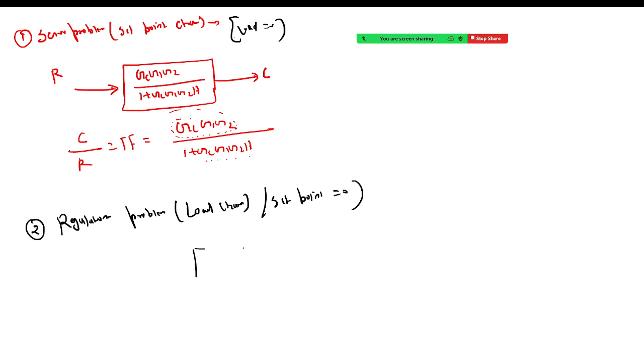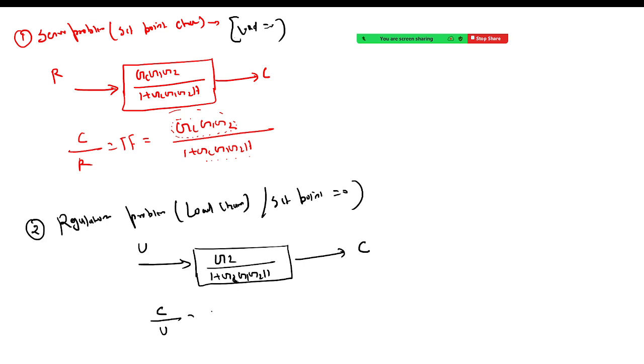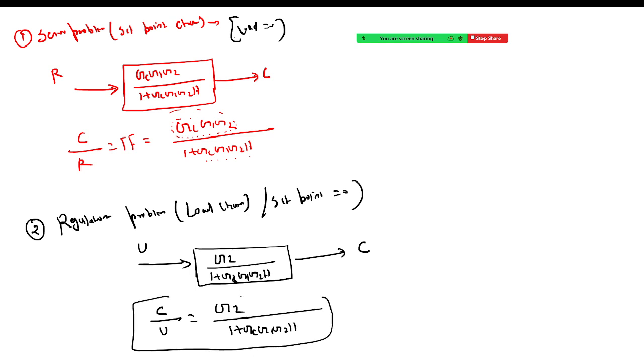So the transfer function will look like this: G2 upon 1 plus GC G1 G2 into H. Here your load will be there and here your C will be there. So C divided by U equals G2 upon 1 plus GC G1 G2 into H. Right? This is your transfer function.